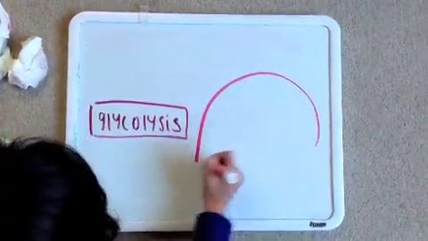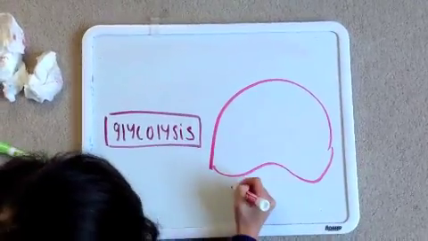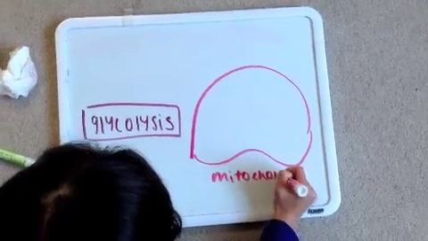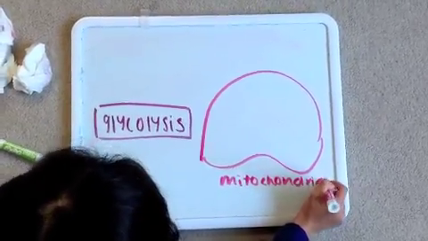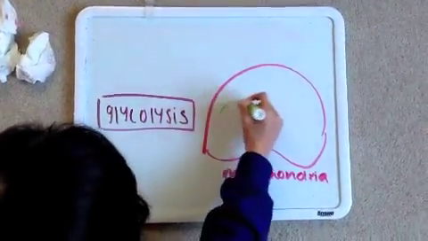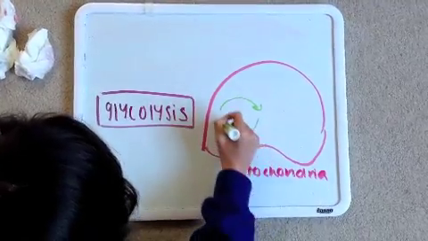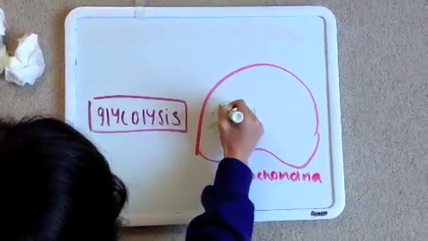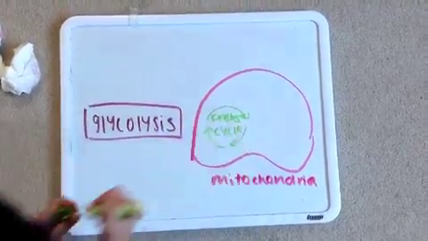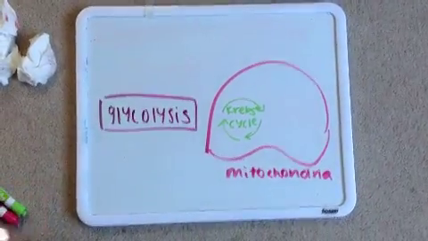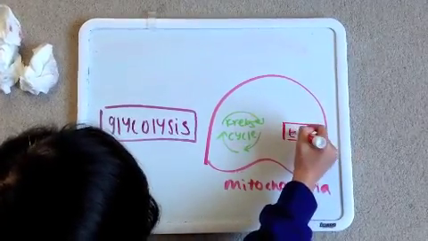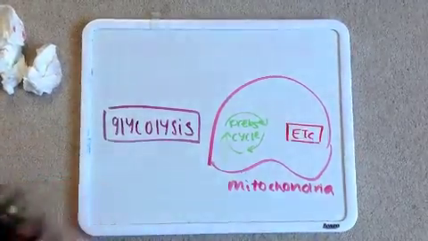Then the pyruvic acid is moved to the mitochondria and goes into the Krebs cycle. Then the electrons are carried to the ETC, which happens in the mitochondrial membrane.